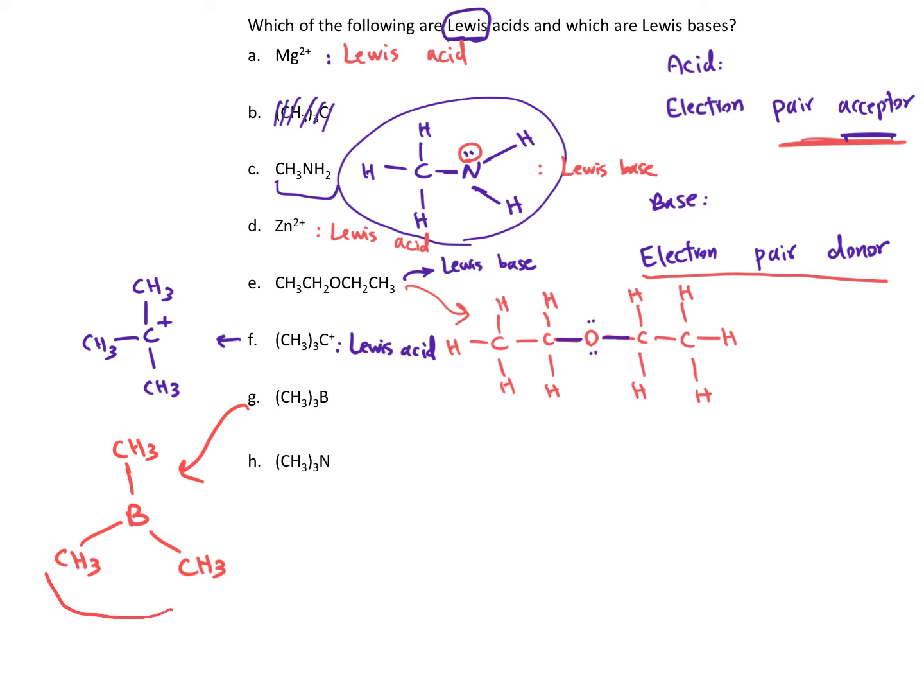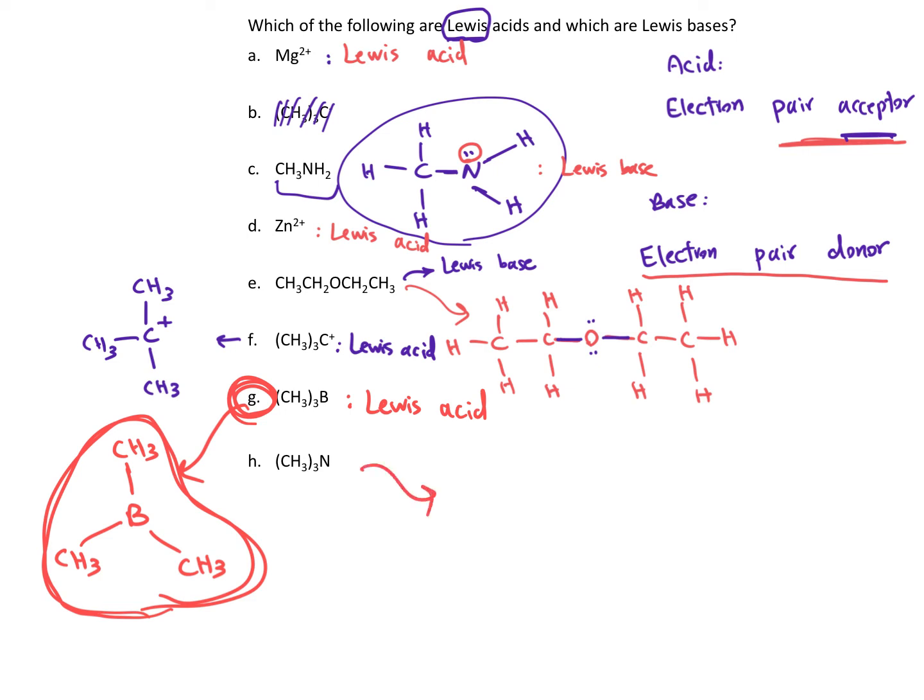This is the structure of it, and it doesn't have non-bonding electrons. And it can accept 2 more electrons from another compound. So because it's an electron pair acceptor, this is also a Lewis acid. So I just asked you to remember this one, and this is its Lewis structure.